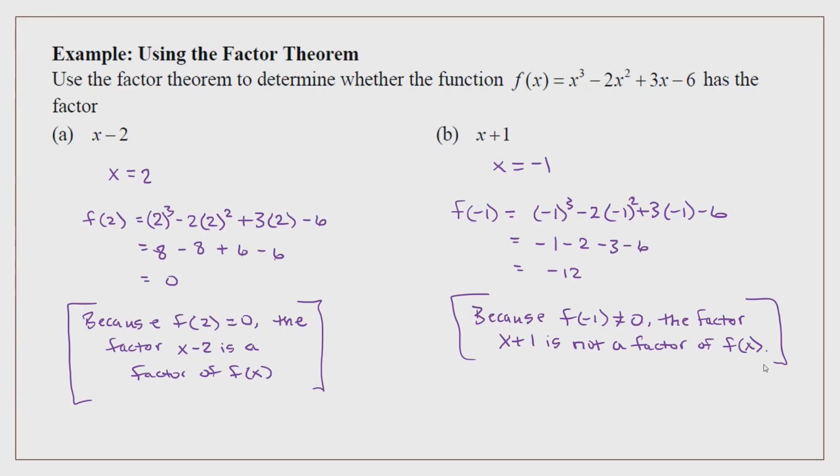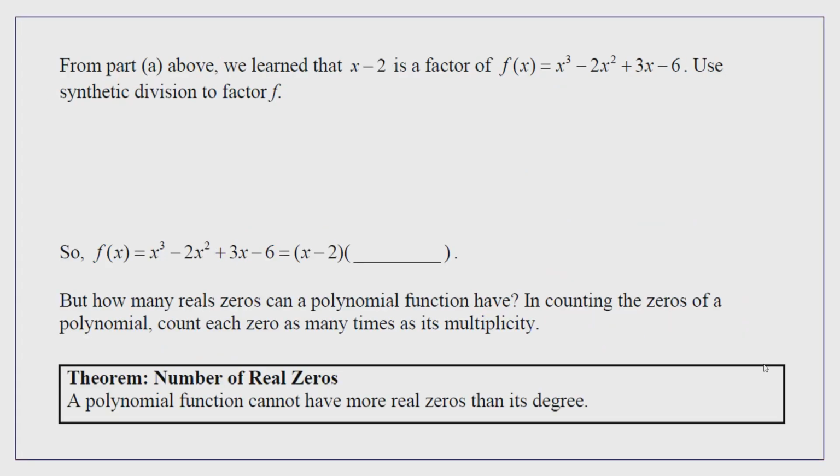So from part A, we learned that x minus 2 is a factor of f of x. But we can now use synthetic division to factor f. Now that we have a factor, we can use synthetic division to help us. So we're going to set up our bar. We're going to place our x in the top left-hand corner here.